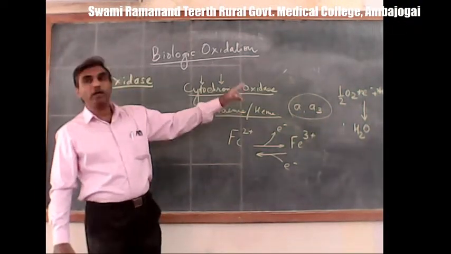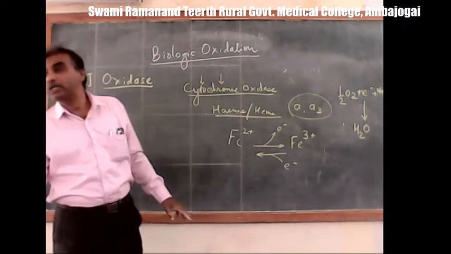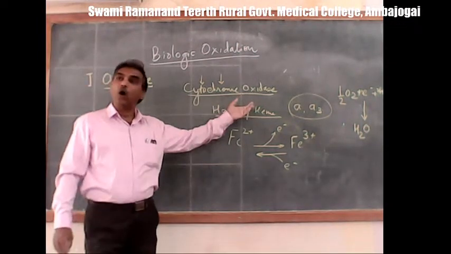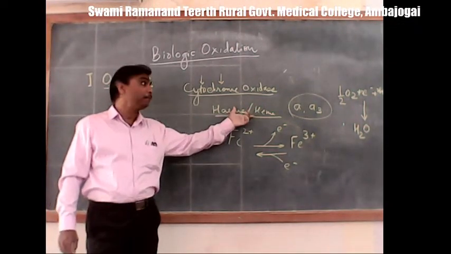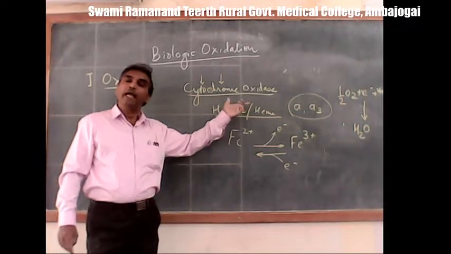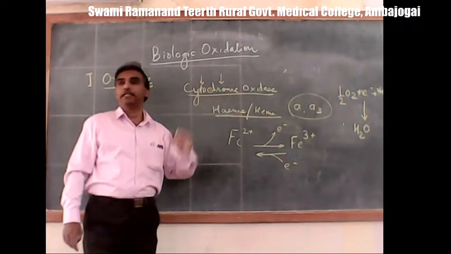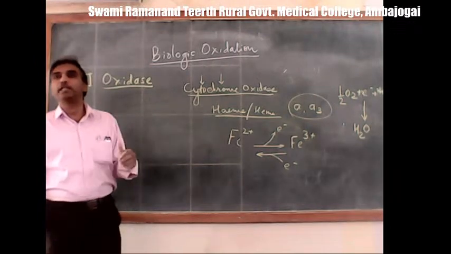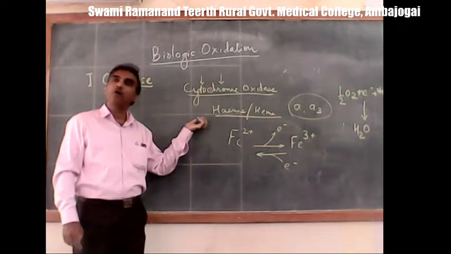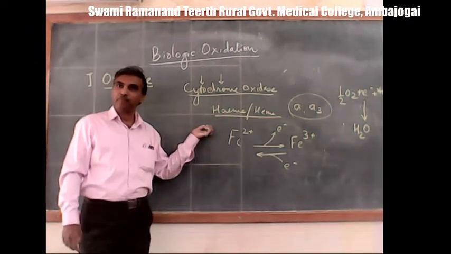So this particular reaction at the end of the electron transport chain occurs with the help of cytochrome oxidase. So cytochrome oxidase is the last component of the electron transport chain.